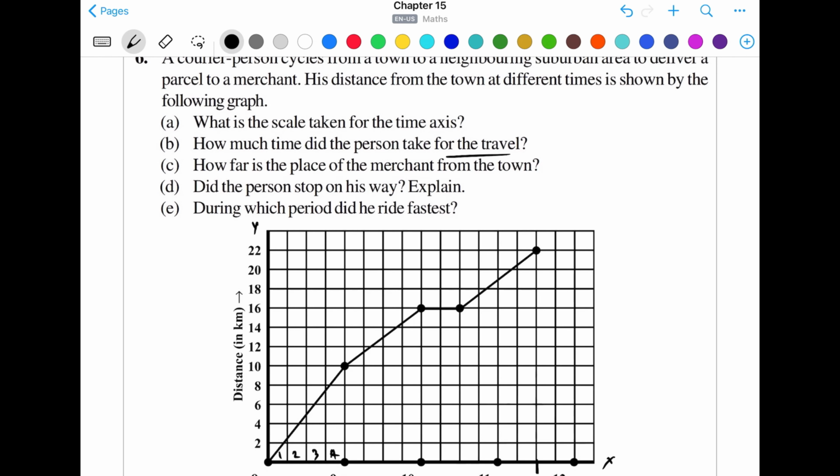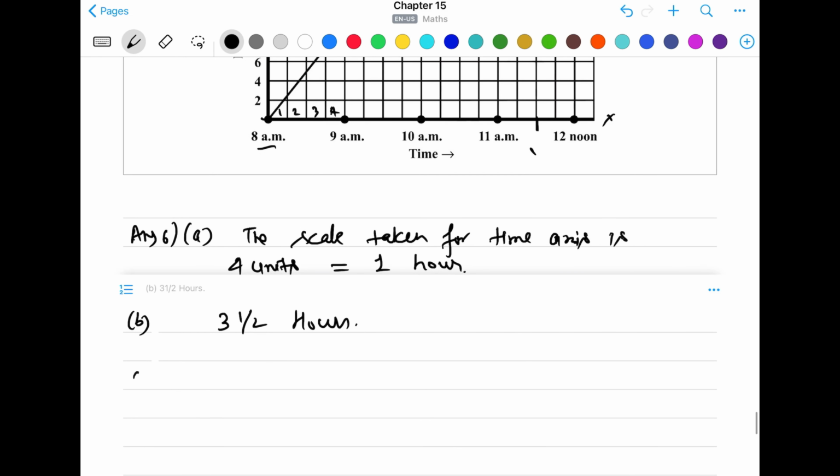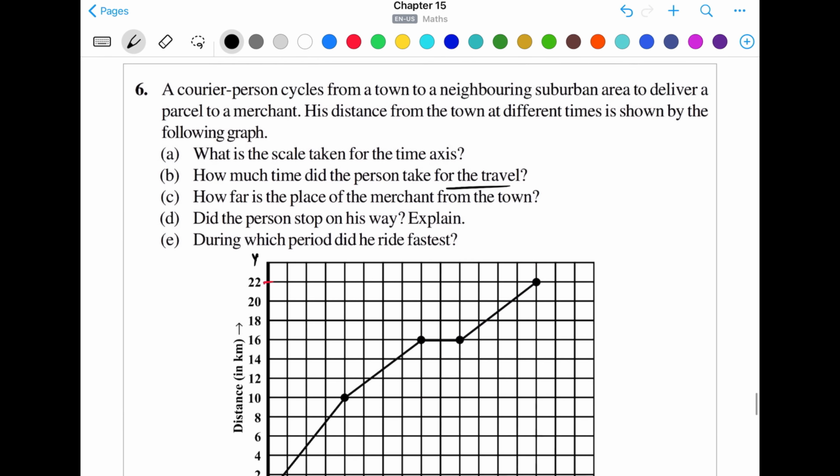Next is, how far is the place of the merchant from the town? So from town he started from here and he reached the destination here, that is 22 kilometers. Okay, so the answer of part C is 22 kilometers.